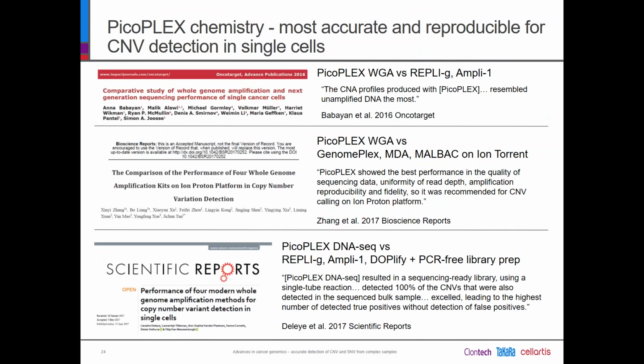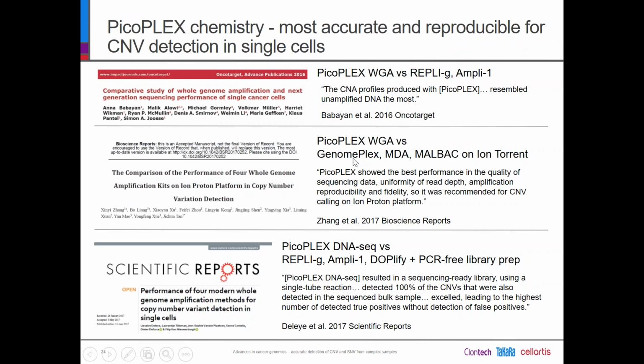Also here, we have very long-standing experience in the cancer field with PicoPLEX chemistry. Those are only 3 references, but we have a lot more documenting how PicoPLEX is really the most accurate and reproducible chemistry for CNV detection from single cells.